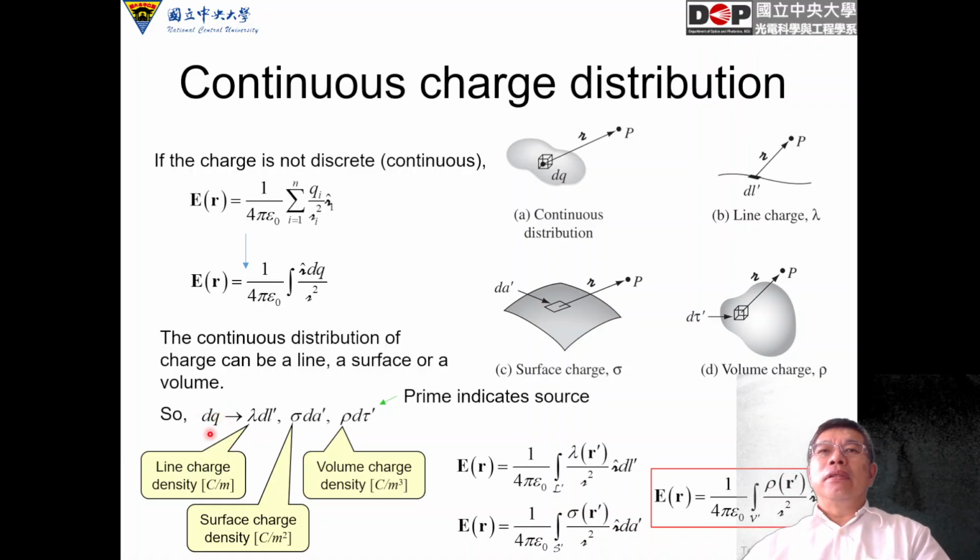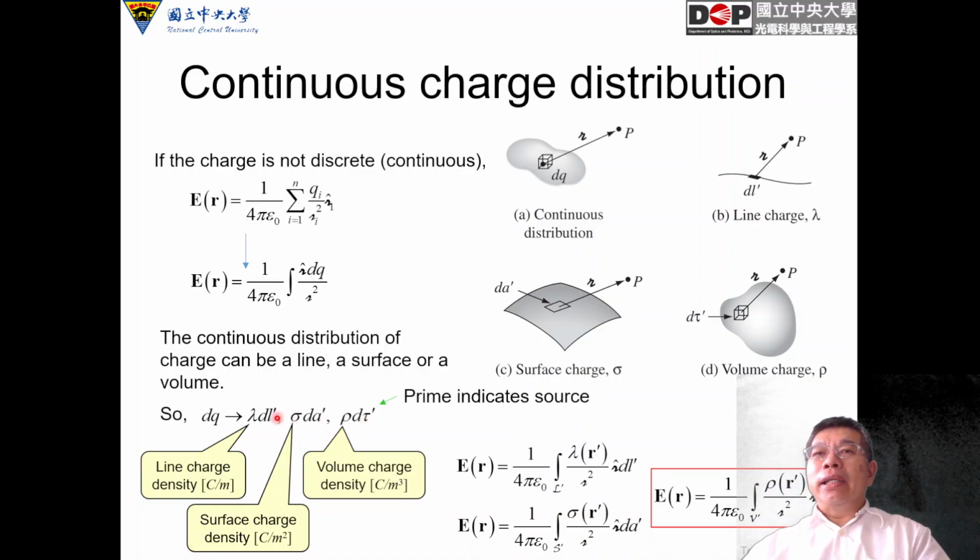So dq, depending on the geometry of the charge distribution, could be the line charge density, Coulomb per meter, times a tiny little bit of the line integral element. Or the surface charge density, Coulomb per meter squared, times the area element, or the volume charge density times the volume element.